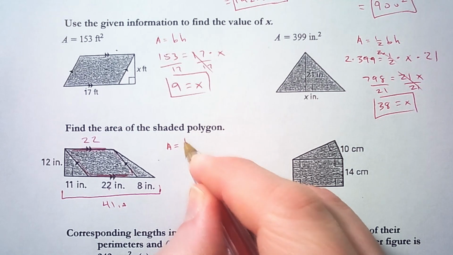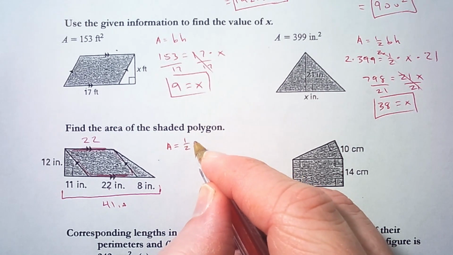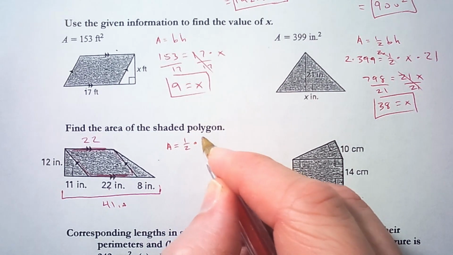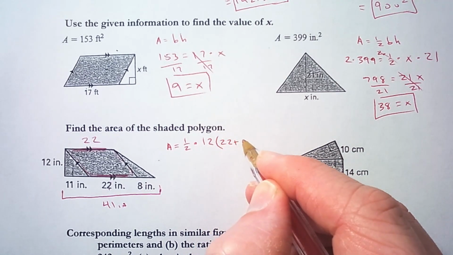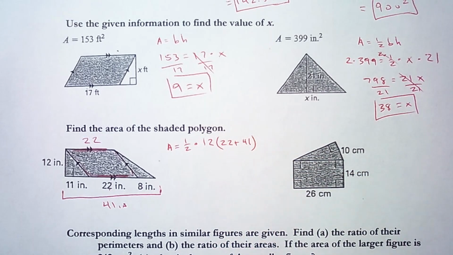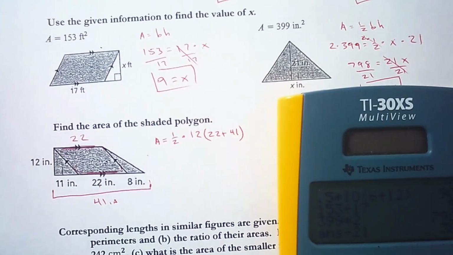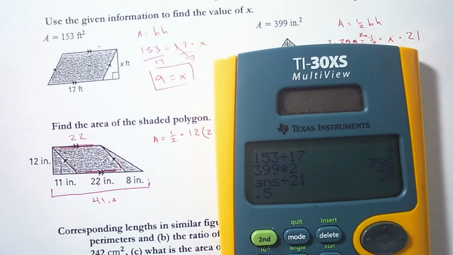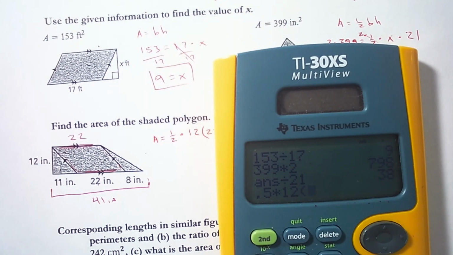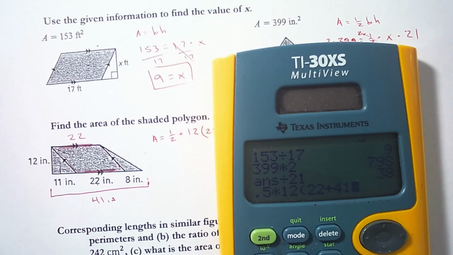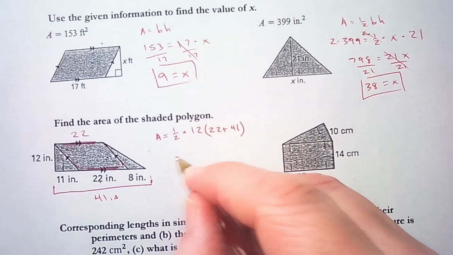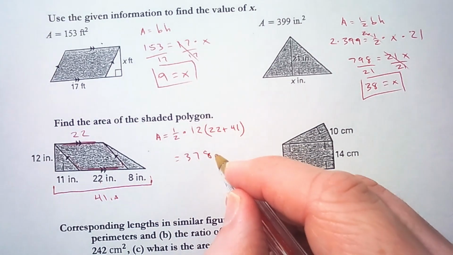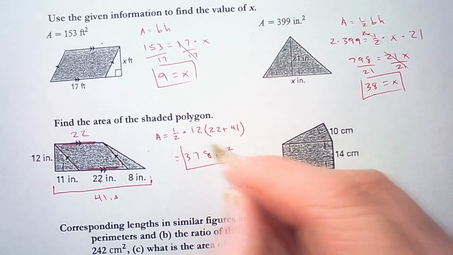So for the area of the trapezoid, we have 1/2 times the height, which is 12, times the sum of the bases, which is 22 plus 41. So 0.5 times 12 times 22 plus 41 is 378, and that is in inches squared.